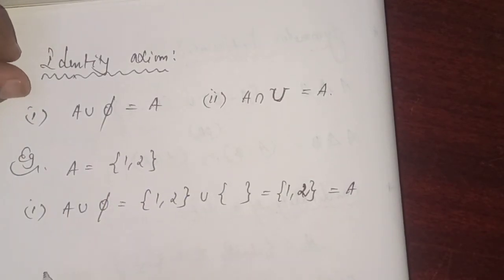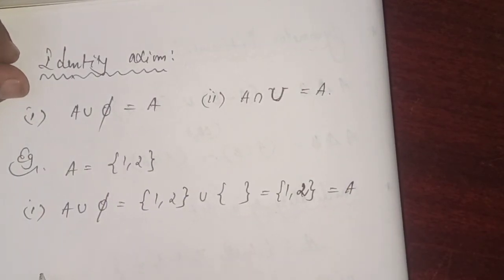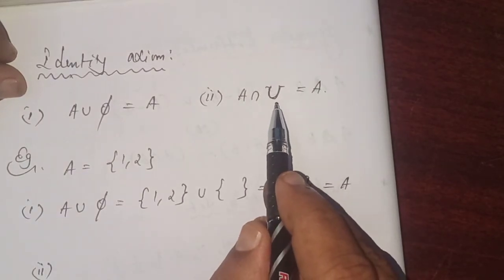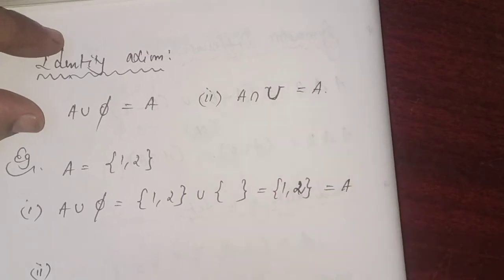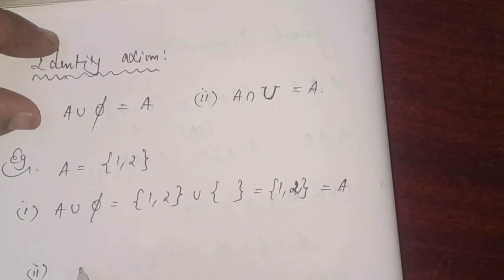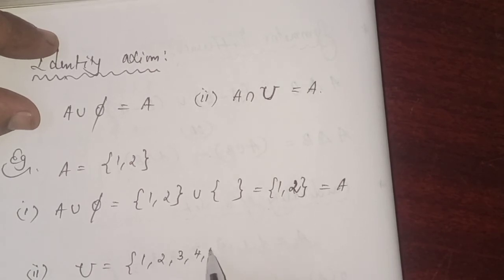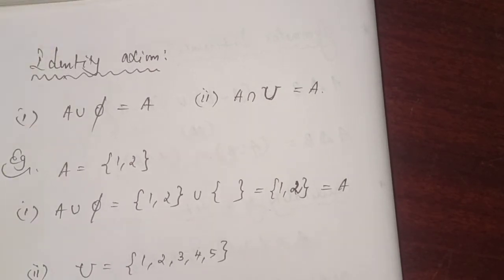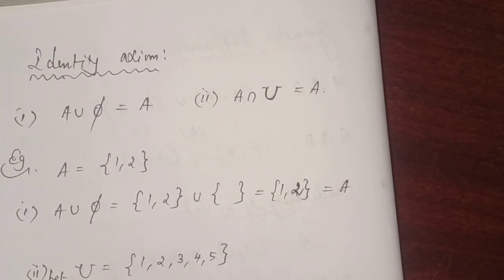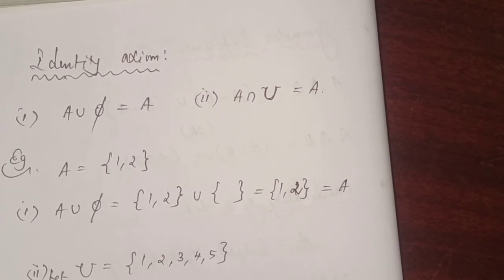Now for the second one, you are given a universal set. I consider universal set 1, 2, 3, 4, 5. It's an example only. And set A equals, I consider only 3 elements, 2, 3, 5.